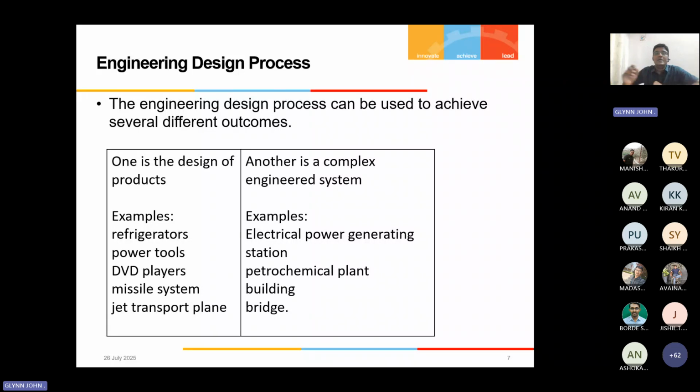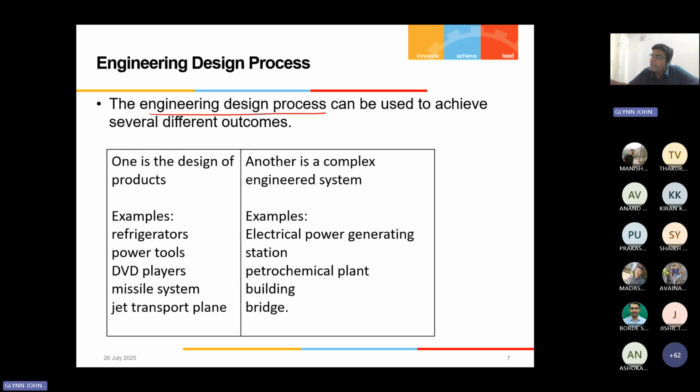Okay, now if you look at the outcomes, what kind of products do we develop, right? What are the outcomes, right? So now here you can come up with many different products. Overall, your design may focus on a simple component, right?